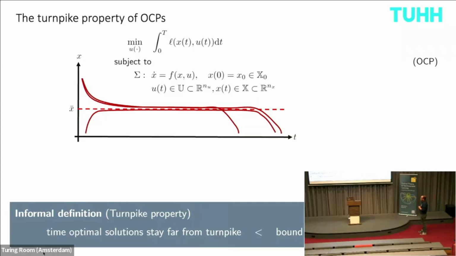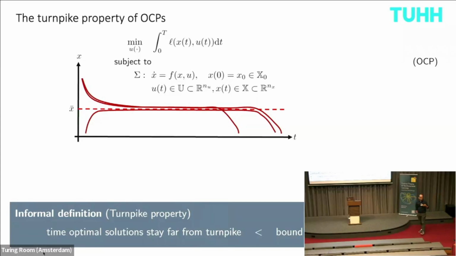An informal definition of this behavior, which we call the turnpike phenomenon or turnpike property, is that the time optimal solutions stay far from the turnpike is bounded independent of the horizon length. What do I mean by this? I make the horizon longer and the solutions stay longer close to the turnpike. Okay?